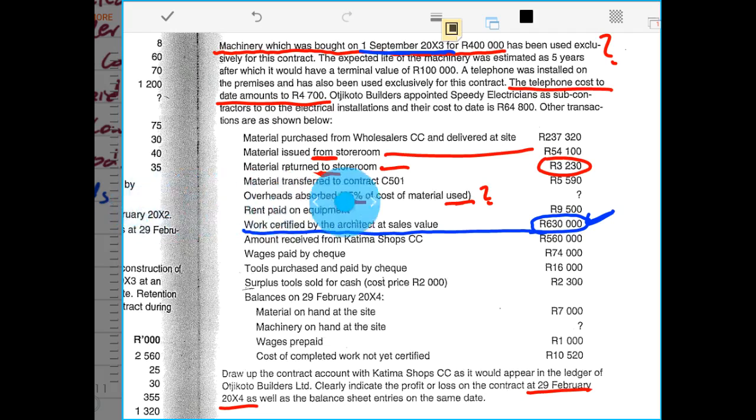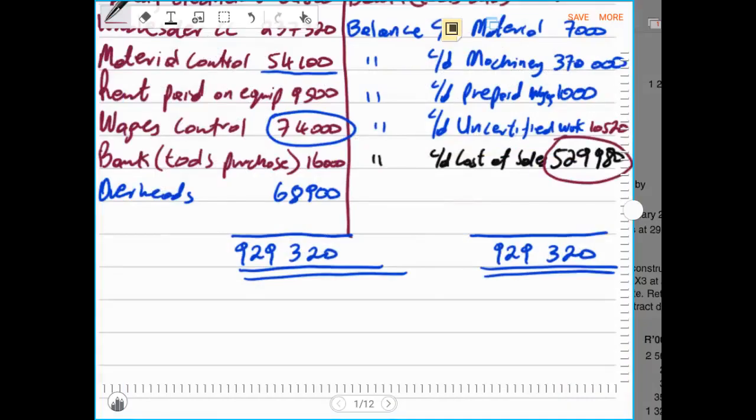However, the cost of the work that is certified is this amount. So now, meaning that we have to record now the selling price, and the selling price will be recorded on the credit side as 630,000 rands. And the contra entry will be the Kadima Shops Close Corporation. That is the price or the value of the work that is certified.